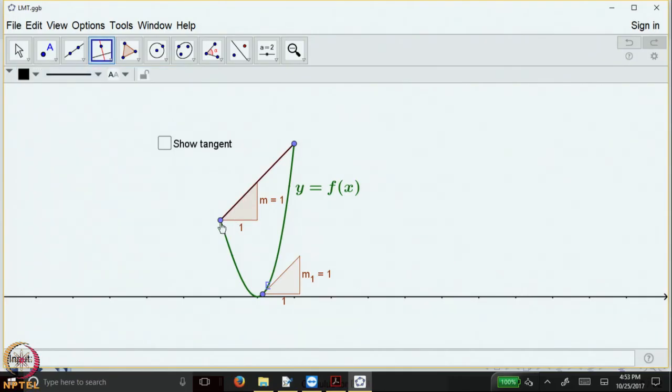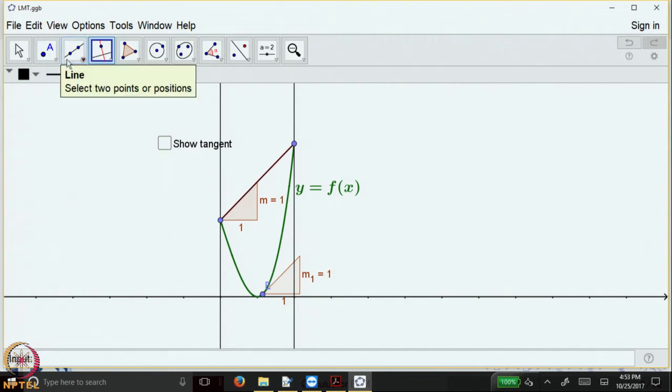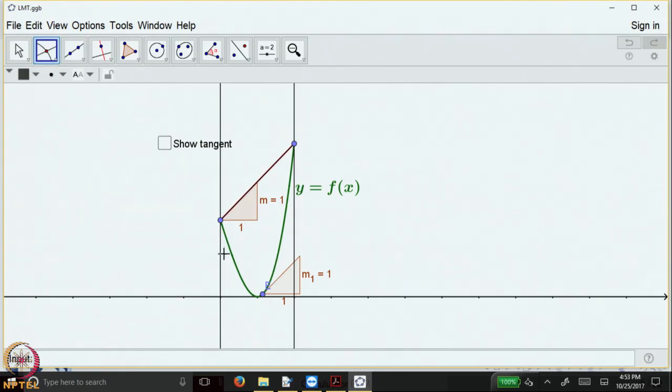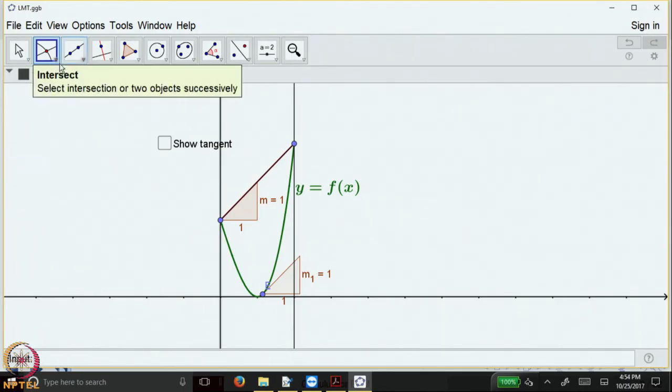Let me draw a line here, a line here, and a line here, and let me find the points of intersection of these two. So, intersect this and this, and this.